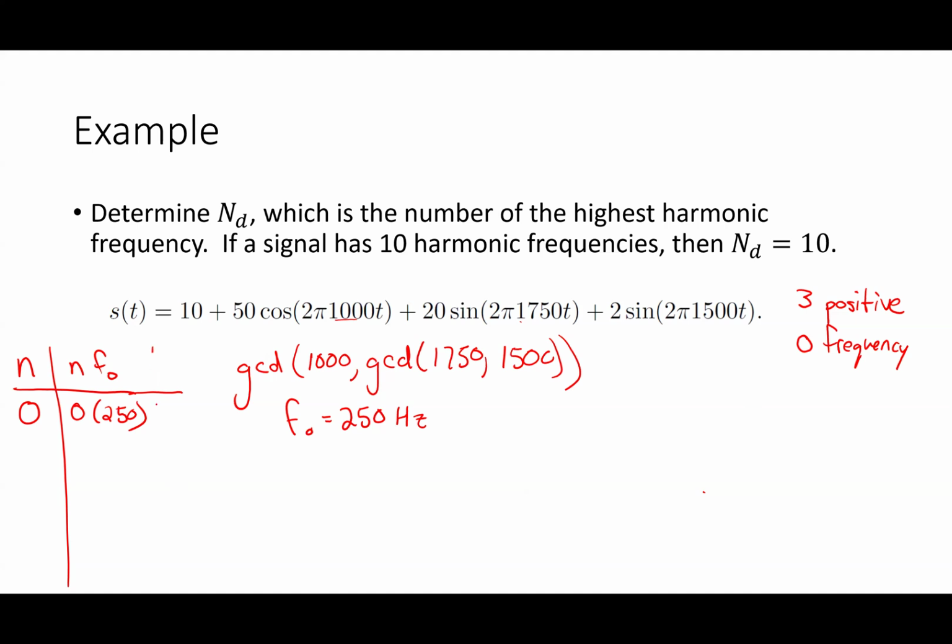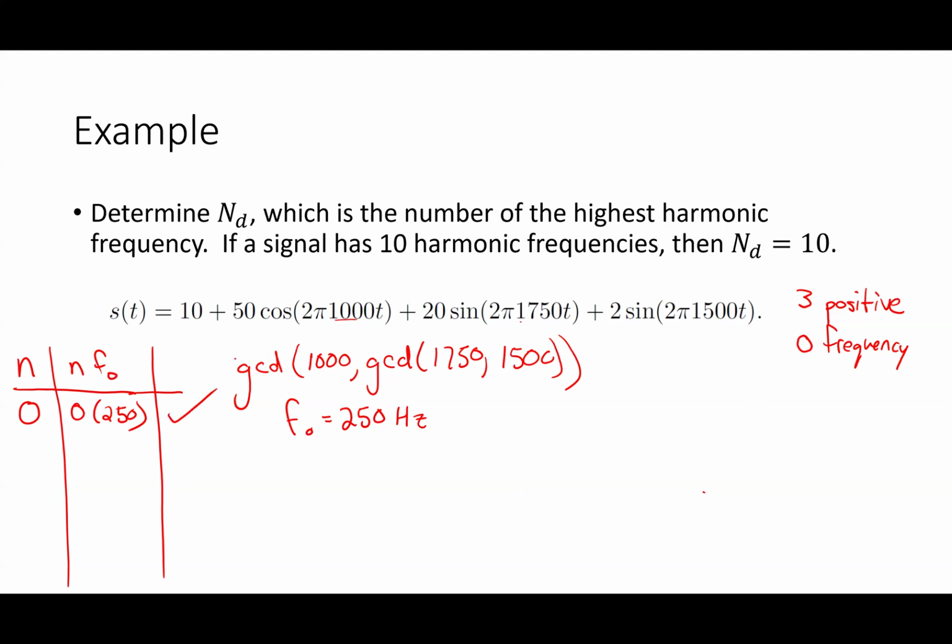What term do I give to something that has 0 hertz? It's a constant, like the number 1 is always constant. That's a DC signal. Constant signal is DC. This is the DC term. Do I have a DC term in this? A constant? I do, the number 10. So I do have one of those.